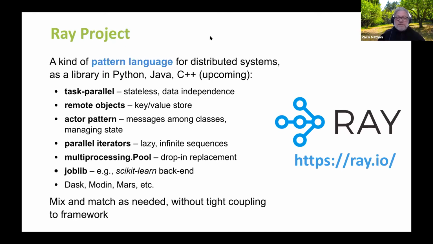The big takeaway is that this is a kind of toolkit, and within a given application, you'll probably need to mix and match. You'll probably use more than one of these patterns to be able to parallelize what a particular application needs. And a lot of this notion is, I would say, moving away from applications and moving more toward pipelines.